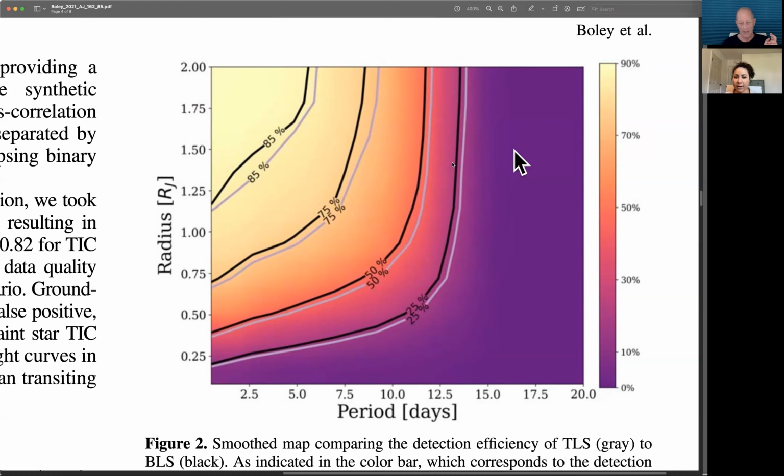But in some areas, we had better detection efficiency, some areas a little bit worse. And it was kind of interesting to see here that TLS does a bit better than BLS, which is really, really nice.